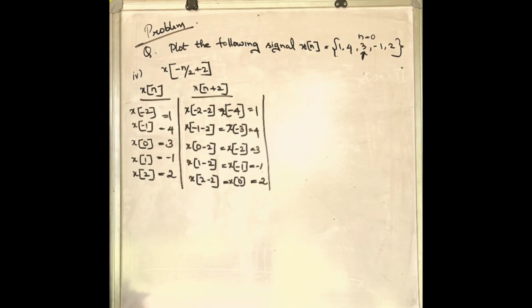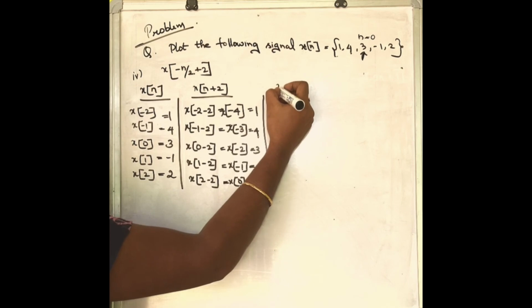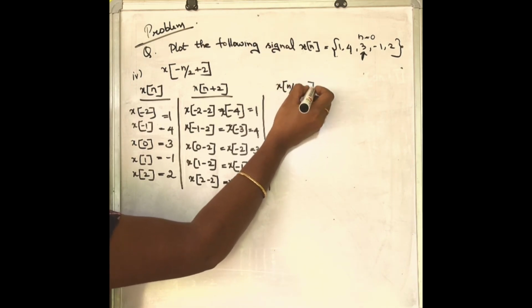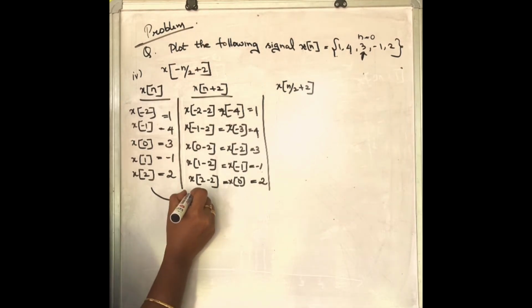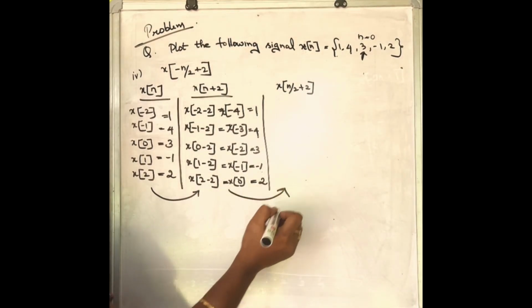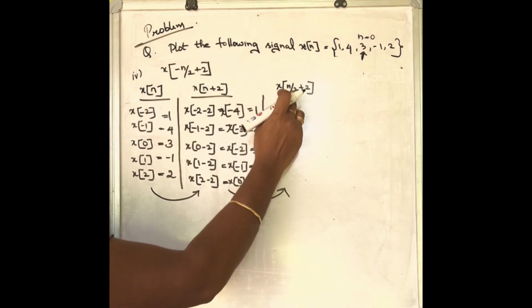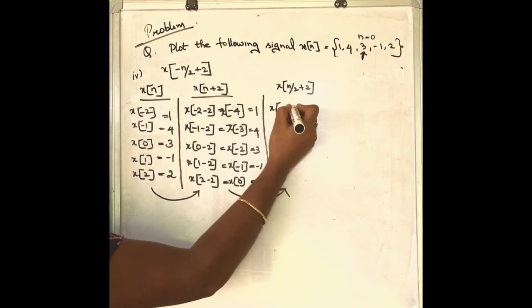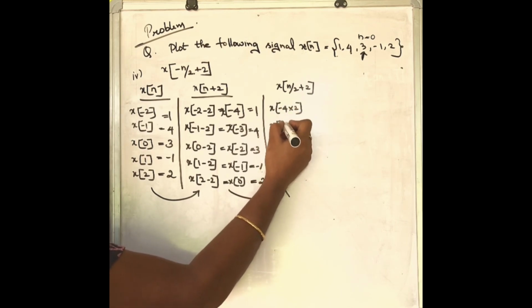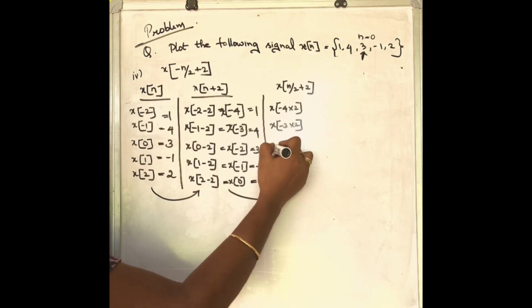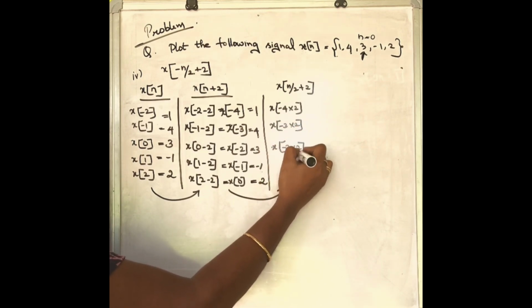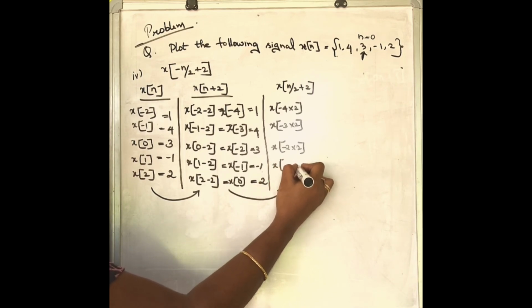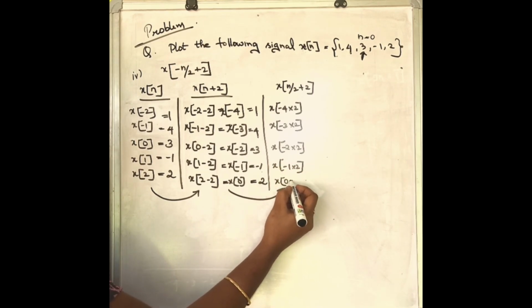n by 2. When we say n by 2, that is time scaling. That is, you will have an expansion of the signal. Okay, so x of n by 2 plus 2. We will consider this signal. Now when we say n by 2, you're going to multiply all the values by 2. So x of minus 4 into 2, x of minus 3 into 2, x of minus 2 into 2, x of minus 1 into 2, x of 0 into 2.